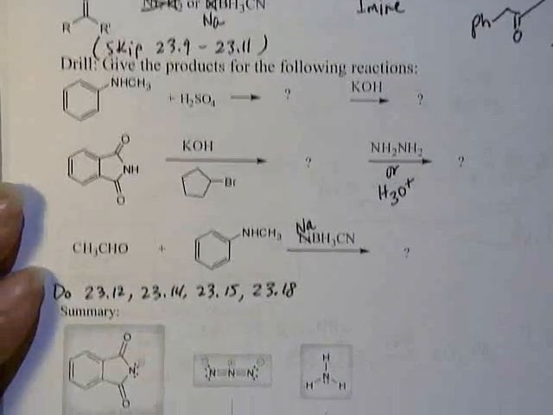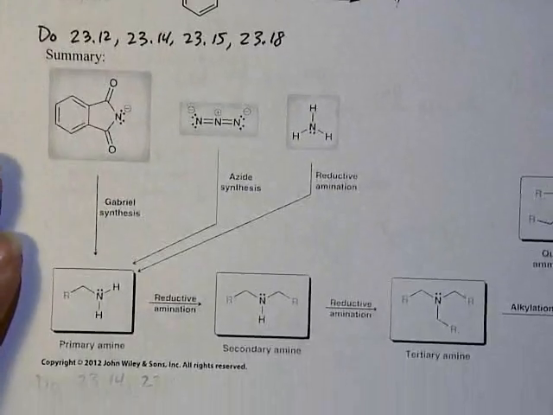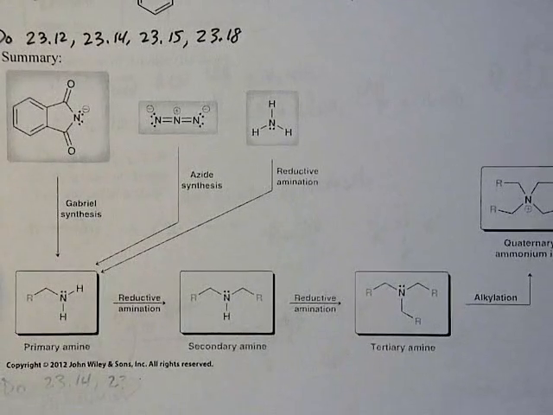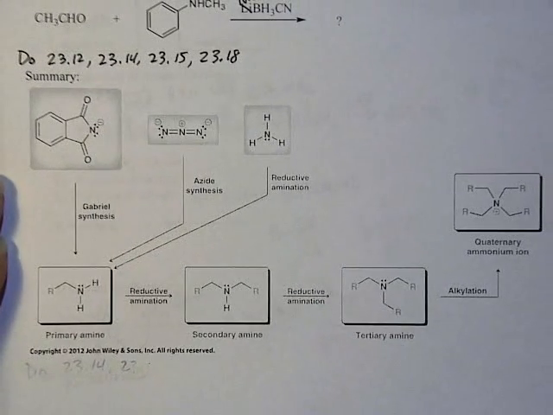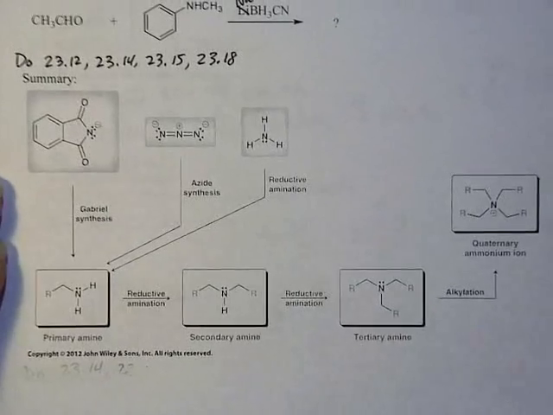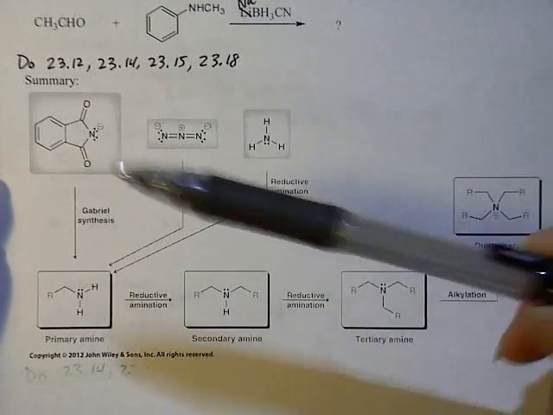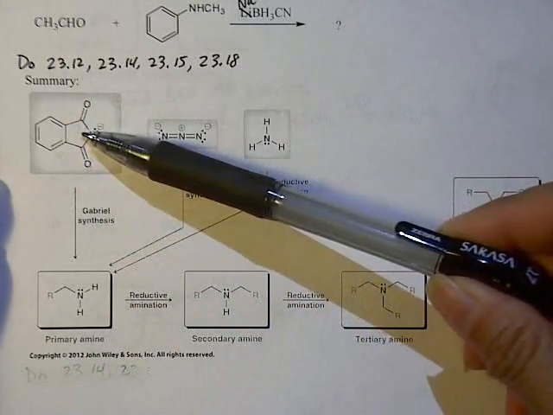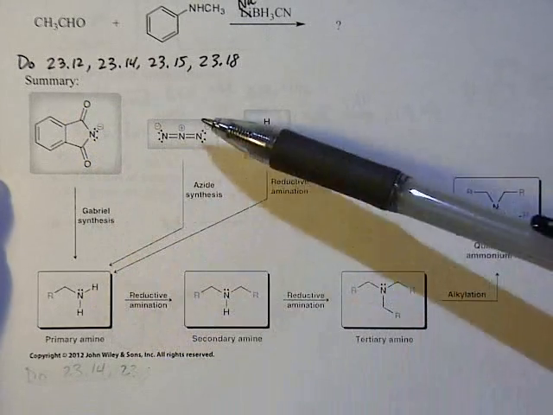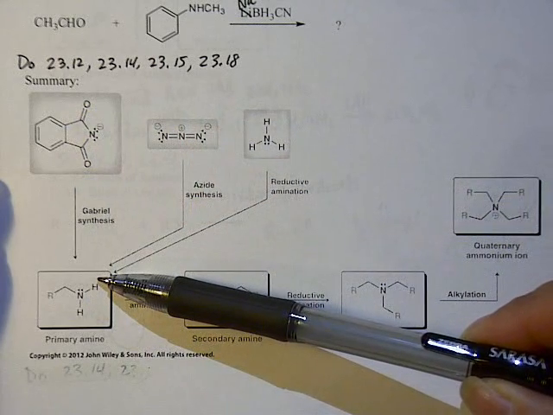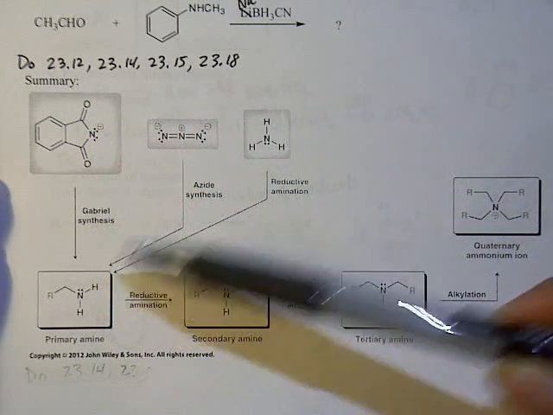All right. So all these questions you should be able to do, and what I have in this table is basically a summary of all the reactions that we went over. So Gabriel synthesis is using phthalimide in order to get the amine. This is the azide synthesis, to do a nucleophilic substitution reaction to get the amine.